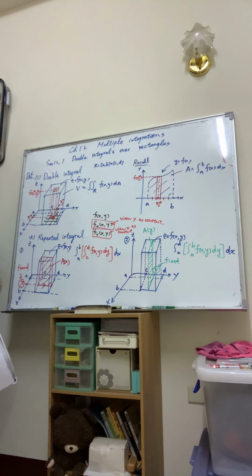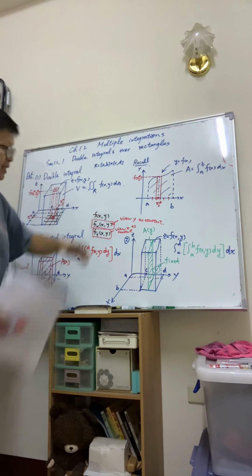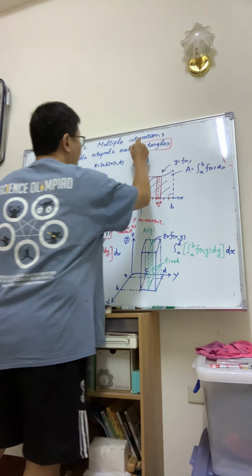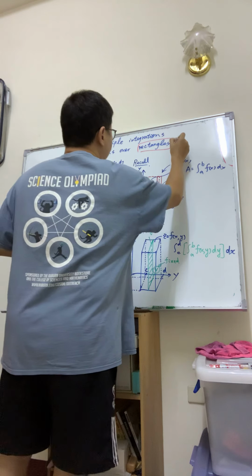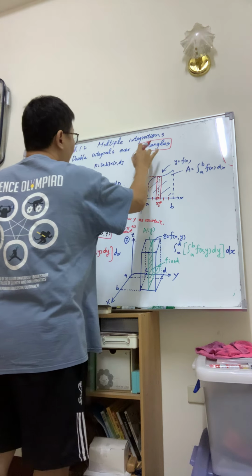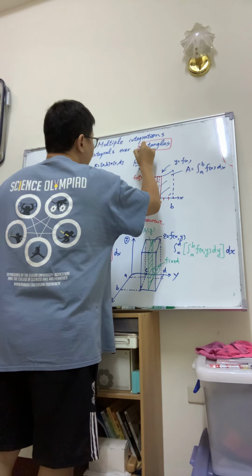In multiple integration there are some results in this chapter, but due to time we will focus on a few. I think at least you should know the results in section 12.1, the case of the double integral over a rectangle, which is defined on a rectangle. In the next section we talk about a similar thing, but over any region.